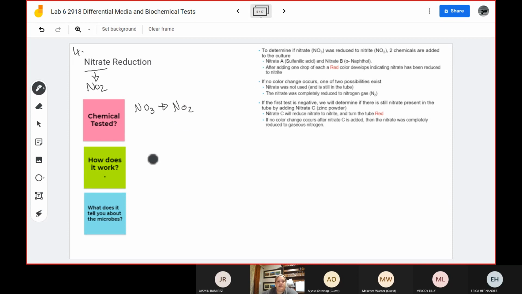So when we're doing this, this is actually a 2-step process. The first step, so let's put step 1 here, we would add nitrate A and B. So these are 2 different forms of nitrate.